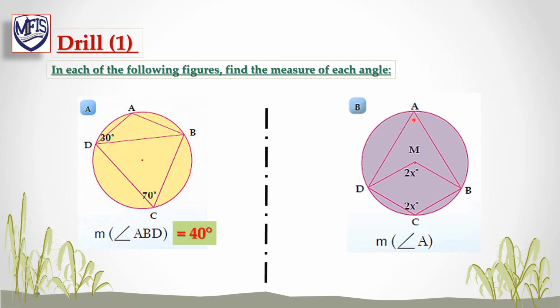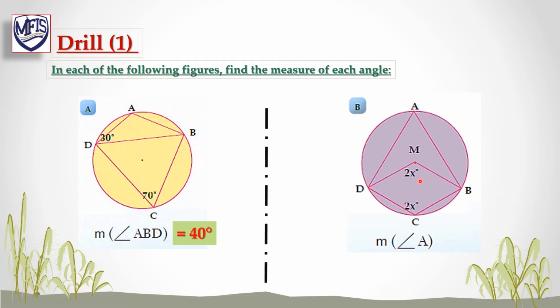What is the relation between angle A and angle DMB or angle C? Now, firstly, measure angle A is an inscribed angle subtended by arc BD, and also measure angle DMB is a central angle subtended by the same arc BD.